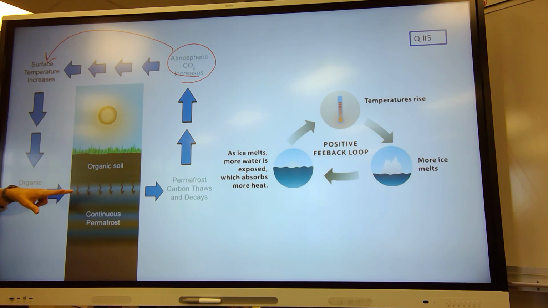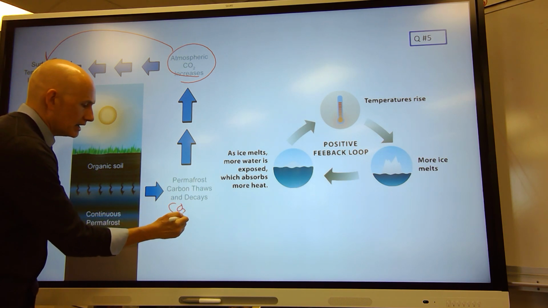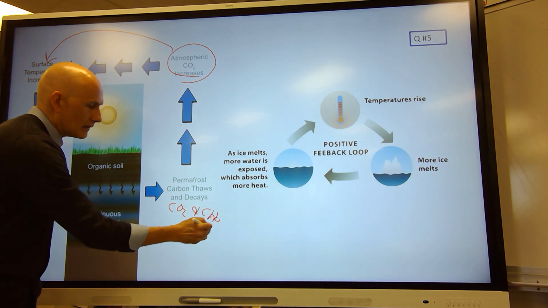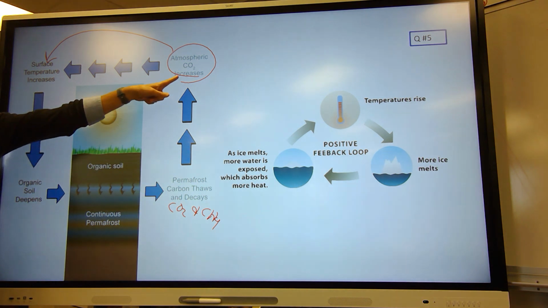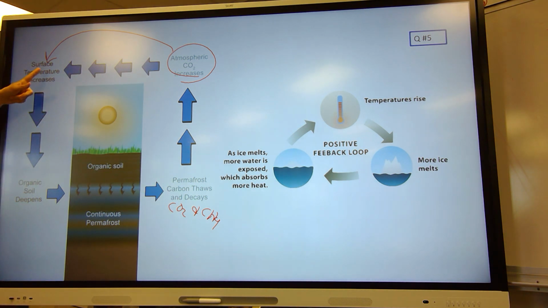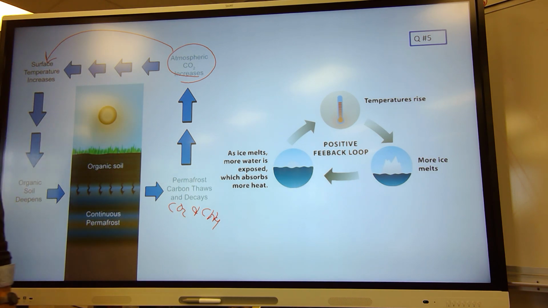As that permafrost starts to thaw, it releases that trapped carbon in the form of CO2 and methane. Both of those are greenhouse gases, methane way more potent than CO2. And then you get more warming, more melting, more release, and so then it is a negative.